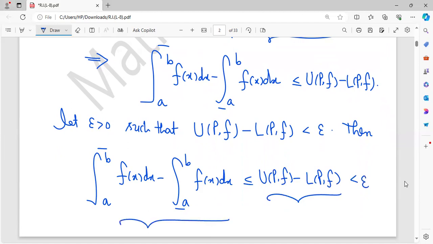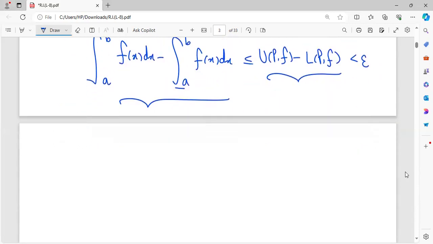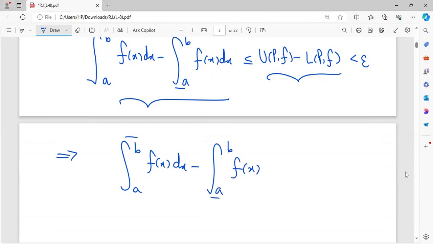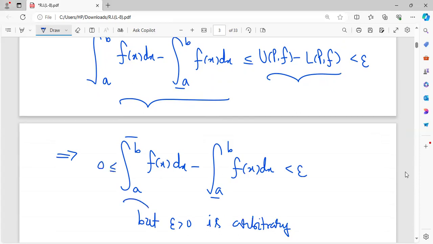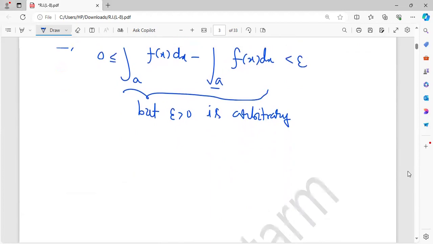So the upper integral minus the lower integral is less than epsilon. But epsilon greater than 0 is arbitrary. And this is because the upper integral is always greater than or equal to the lower integral, so this quantity is non-negative also. So what does it mean? It means this quantity has to be 0.